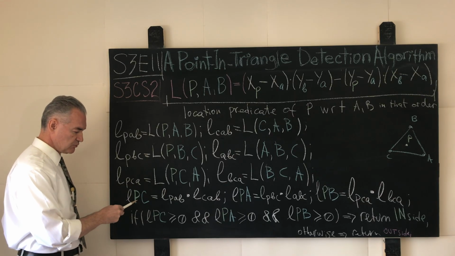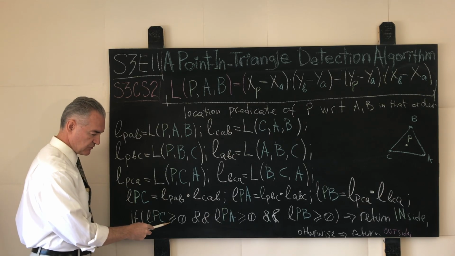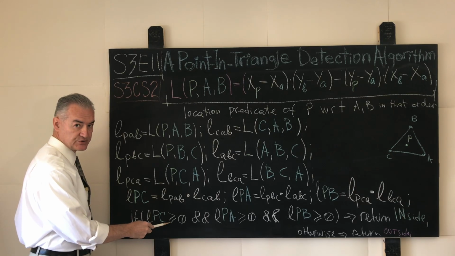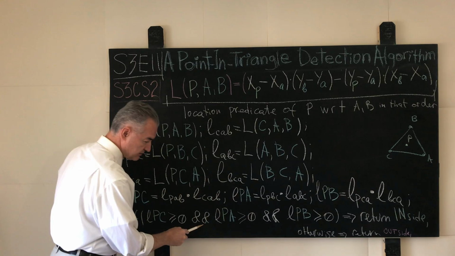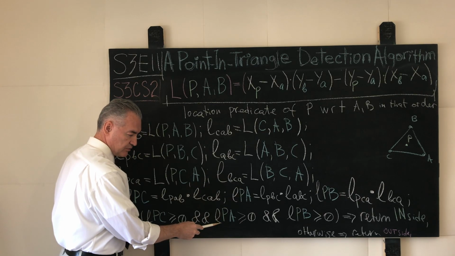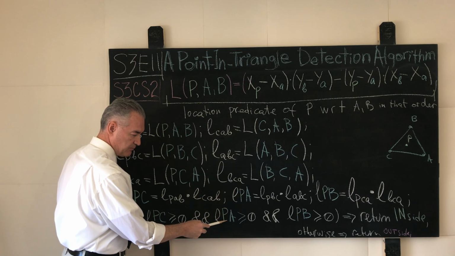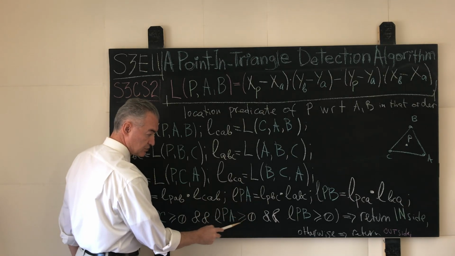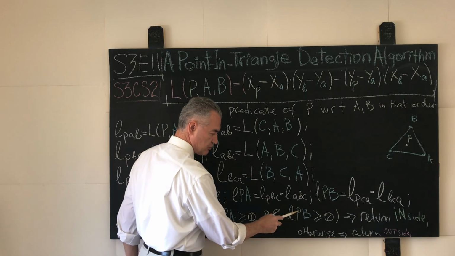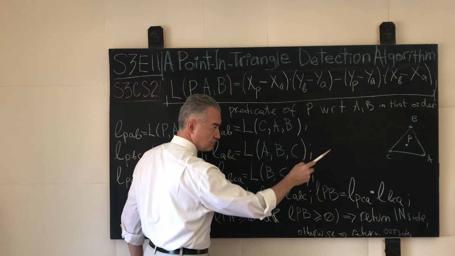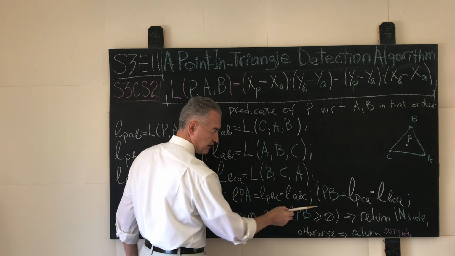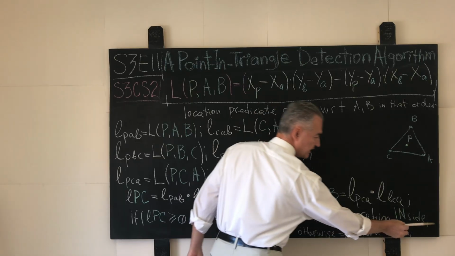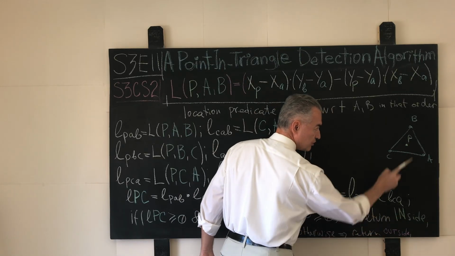Then we construct one compound if statement. If the location predicate product for the points P and C relative to AB is greater than or equal to 0, and the value of the location predicate product of the points P and A captured over here is greater than or equal to 0, and the location product of the points P and B relative to the points C and A captured over here is greater than or equal to 0, then we return inside.